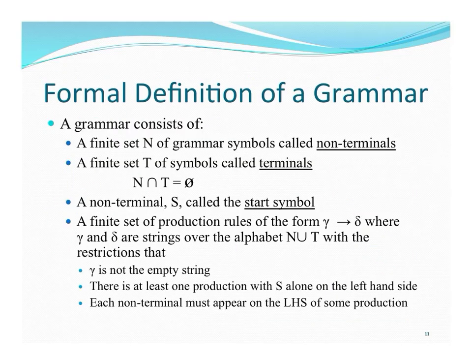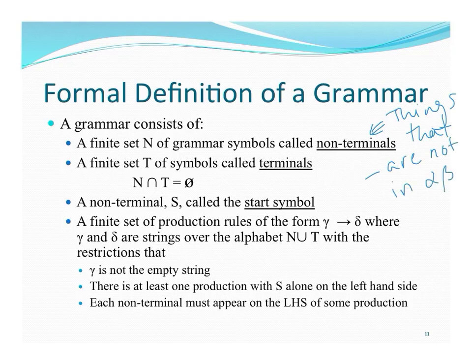Okay, here's the formal rules, the formal definition of a grammar. Some of this will make more sense as you see more grammars. But a grammar is going to have a finite set of grammar symbols that are called non-terminals. These non-terminals are basically the things that are not in the alphabet, right?